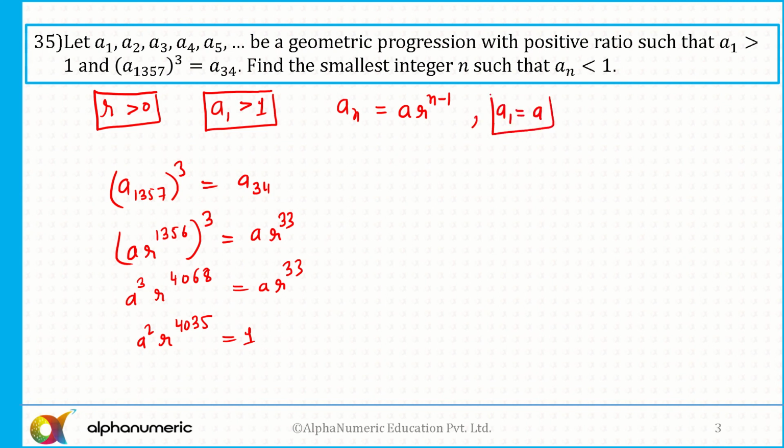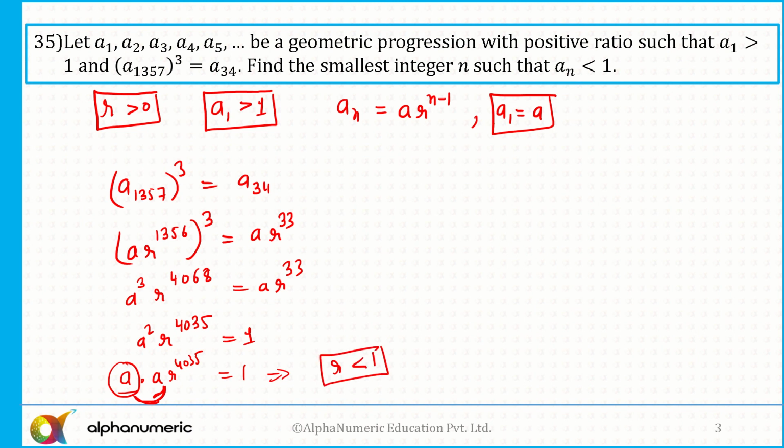So if A1 is equal to A, the first term, then the product of A into R raised to power 4035 is equal to 1. So this is my first term, and the product of these two terms is 1, and we know that A is greater than 1. Since A is greater than 1, this term has to be less than 1. So from here, we can say that the common ratio is definitely less than 1.